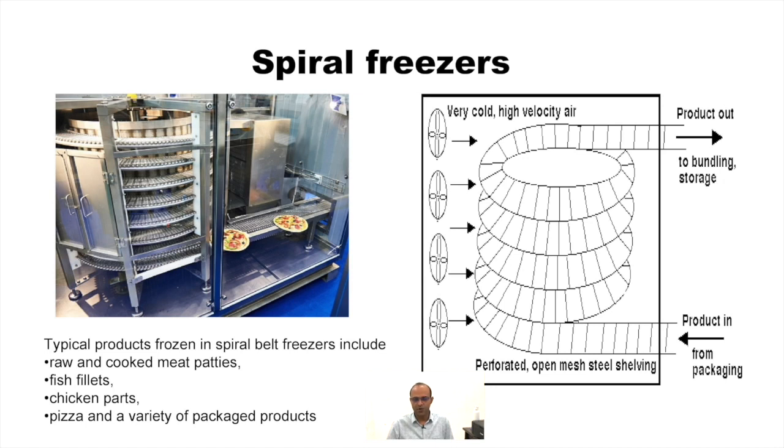Ultimately the product comes out over here. This is the schematic of a spiral freezer. Normally raw or cooked meat patties are frozen using this spiral freezer. Then you have fish fillets, chicken, even pizzas and chapatis or parathas, which are frozen using this spiral freezer.